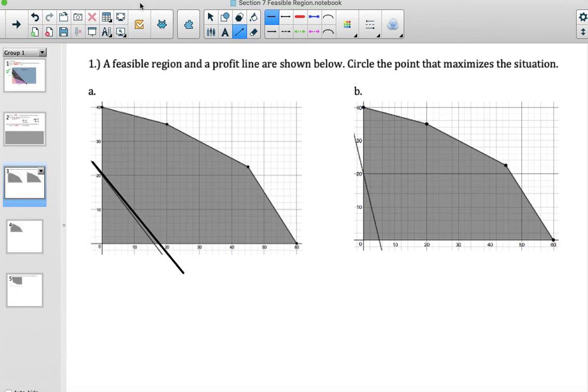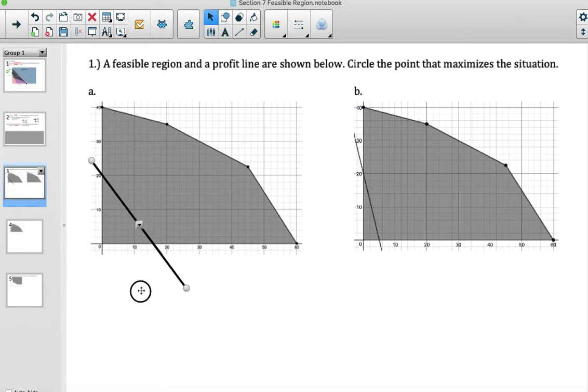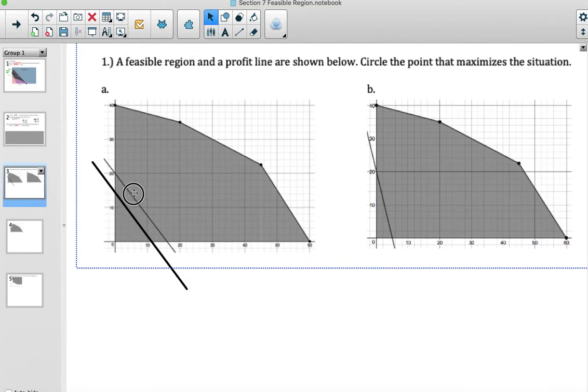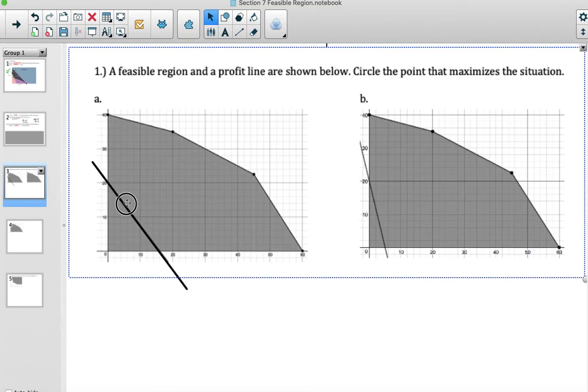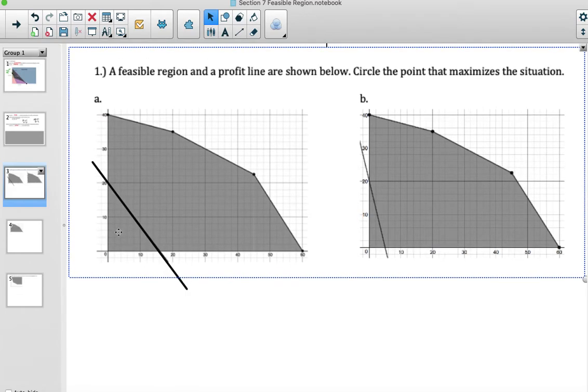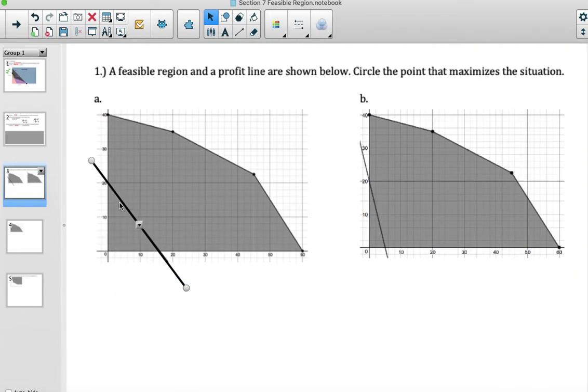Just extend it out. I didn't quite get the same slope. It moved on me, so let me fix that. Okay, now if I drag this line, there goes the picture again. Hopefully you're enjoying my commentary during this video. Let's grab the line and drag it across my feasible region.